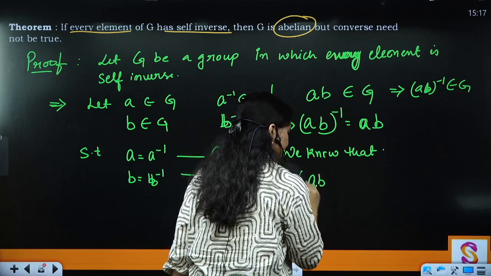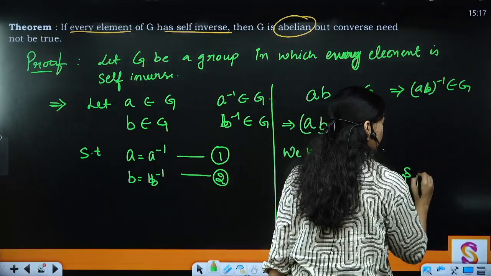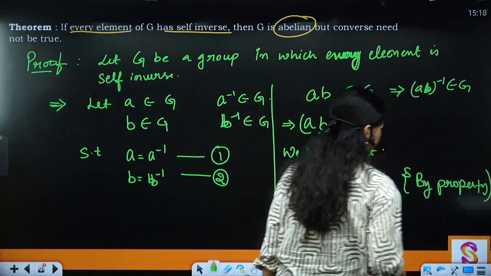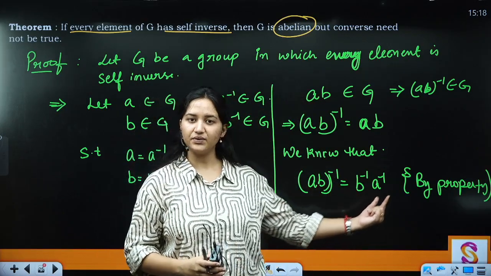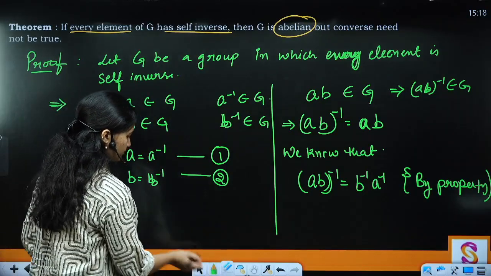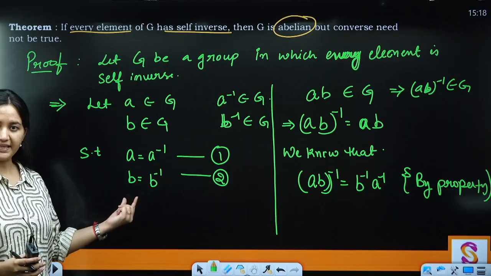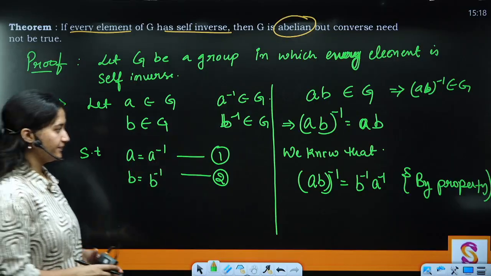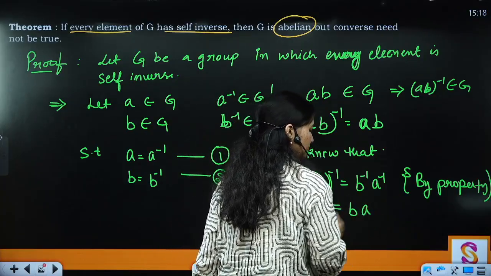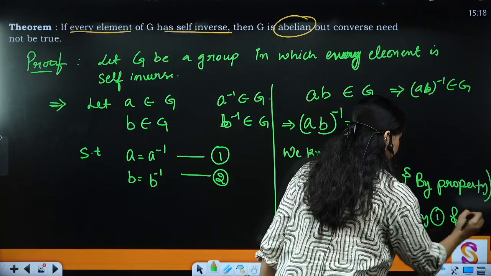Now we know that (AB) inverse equals B inverse A inverse by property, right? Which we have studied before, that (AB) inverse is written as B inverse A inverse. But now if you notice, what is the value of B inverse? B. And what is the value of A inverse? A. So can I write B inverse equals B and A inverse equals A by 1 and 2, right?